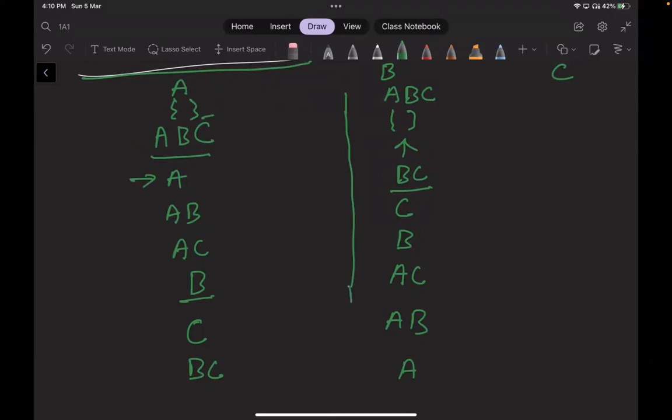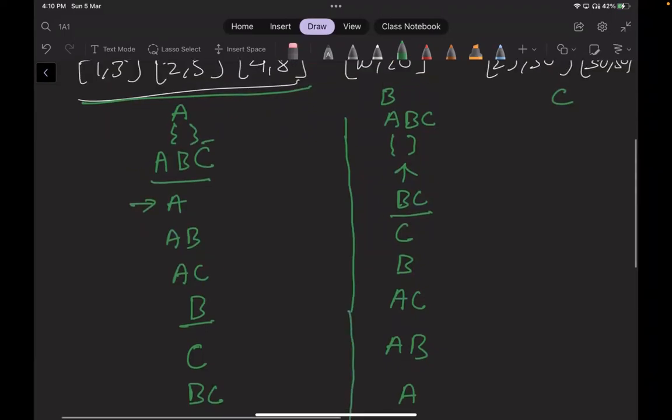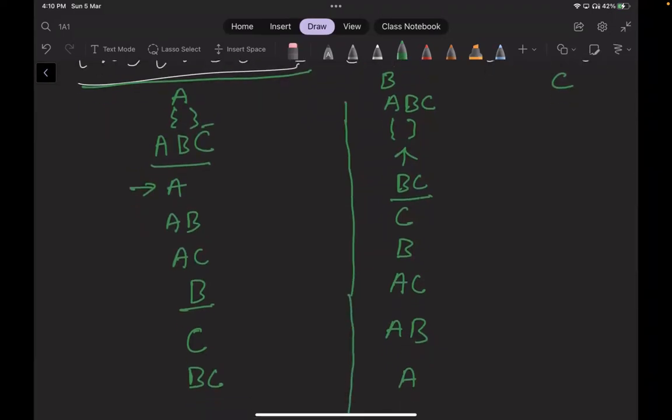So basically, let's cross check: are we leaving any possible answer here? No, I guess. If we count this number, it comes to 1, 2, 3, 4, 5, 6, 7, 8 total.